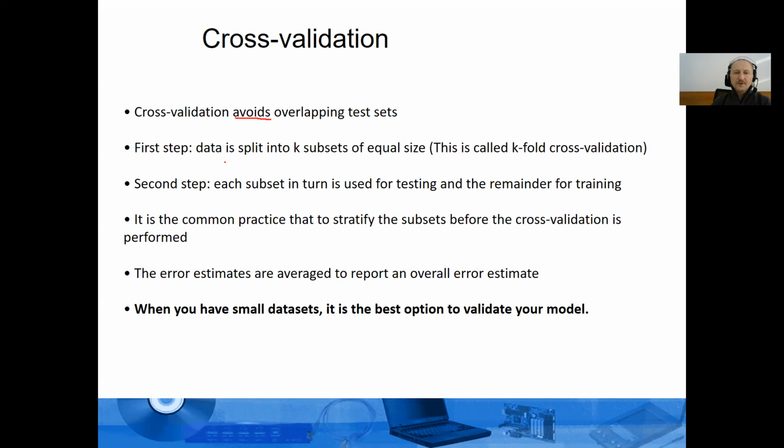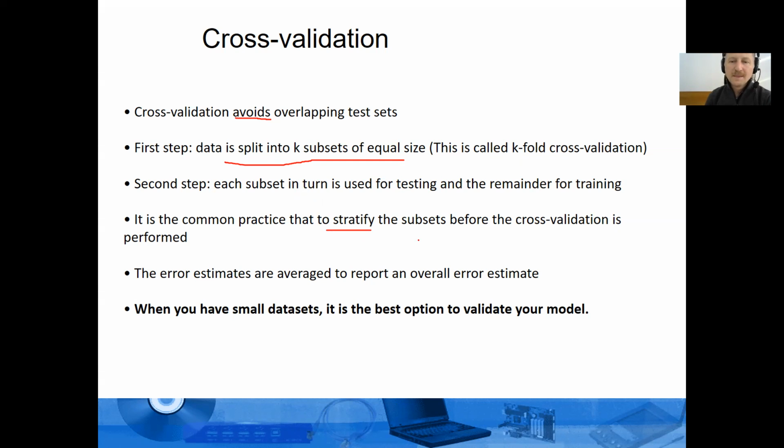In the first step, we are dividing into k parts. Each subset is used in turn for testing and training. Also, there is a common practice to stratify the subsets. This is also valid for the holdout method.